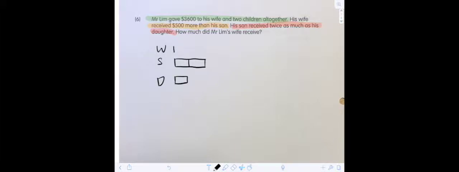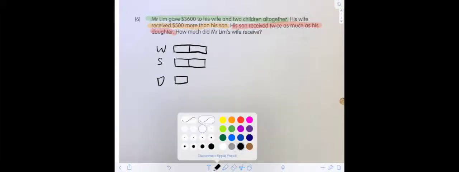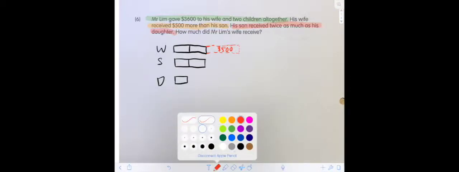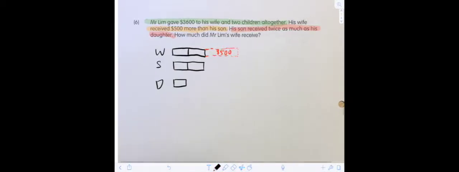So wife over here will be equal to what the son has, plus a little bit more here, which I'll do in red. I don't know how big it is. It's a random unit, it does not belong to the black units. So this one will be $500. Now the total amount here that everybody is using, the total amount that was given, is how much?